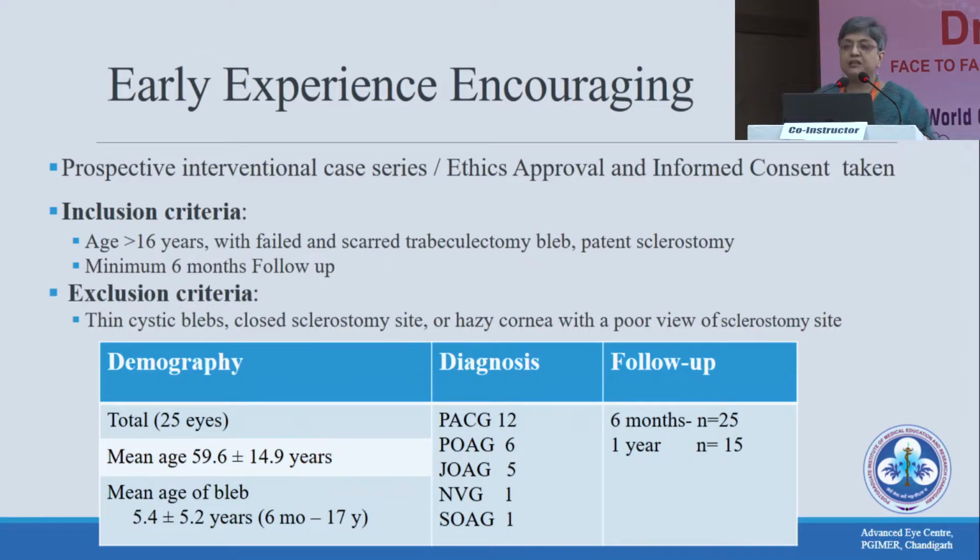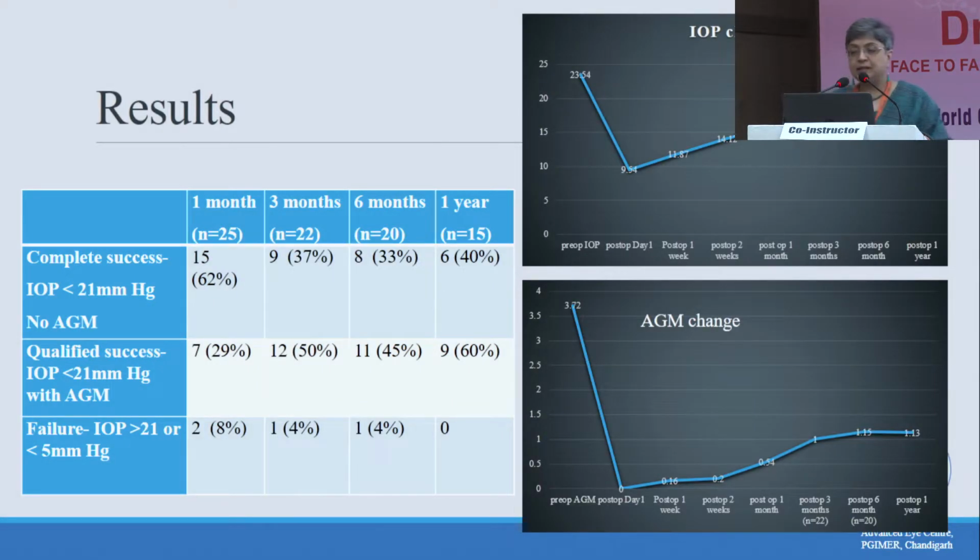And the mean age of Bleph from trabeculectomy was about 5 years. So there were late failures, and the results were actually quite encouraging. You can see the IOP has changed, as well as the anti-glaucoma medication requirement has changed significantly. And interestingly, of those who completed 6 months follow-up, only 1 failed, who required another procedure.